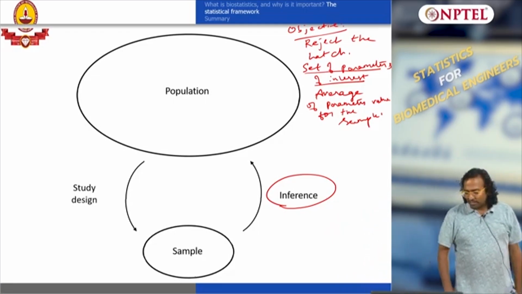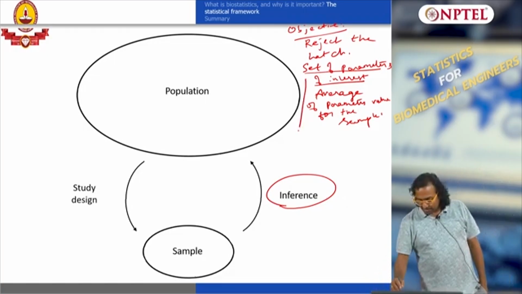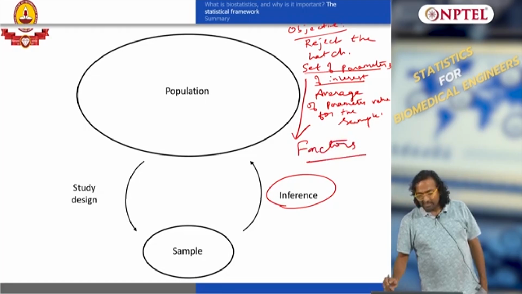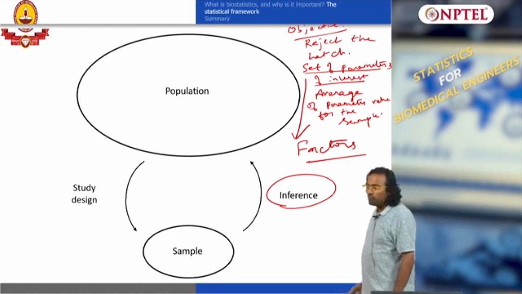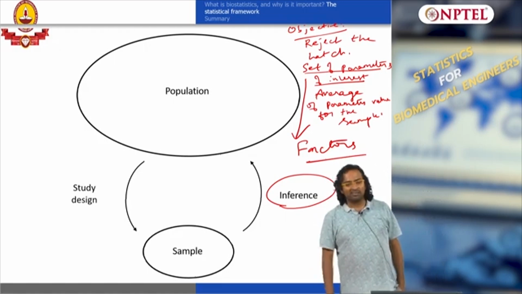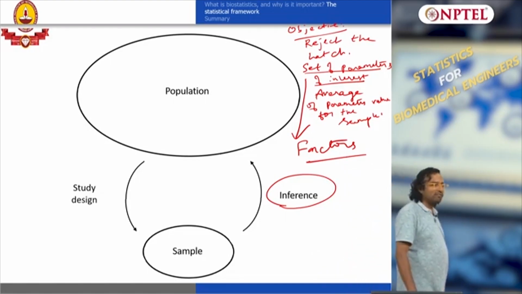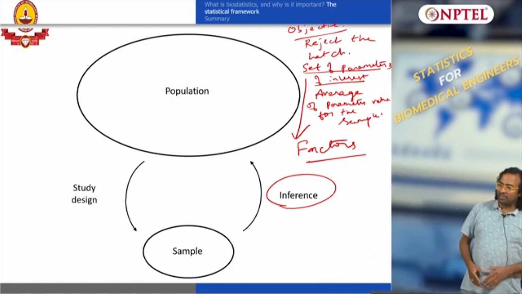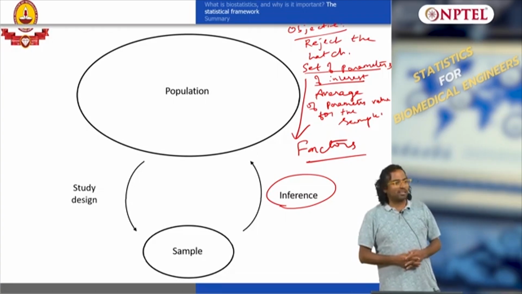So what are we talking about? In other words, the set of parameters we call, in jargon, factors, which will influence your output. These are called factors. We will talk about 2 factorial experiments, multifactorial experiments, etc. So here we are talking about factors.